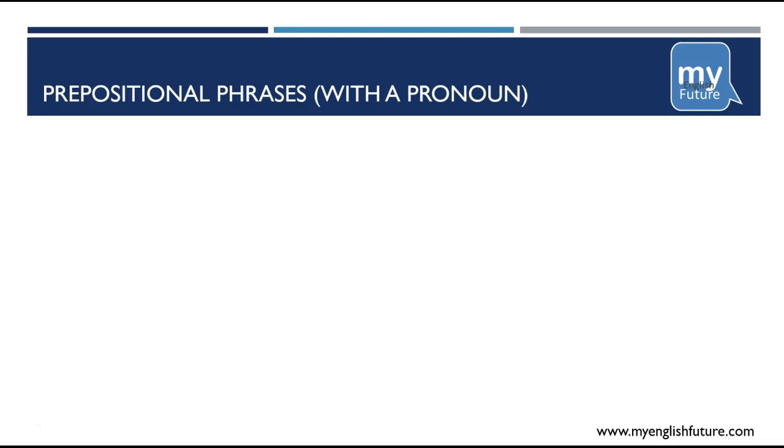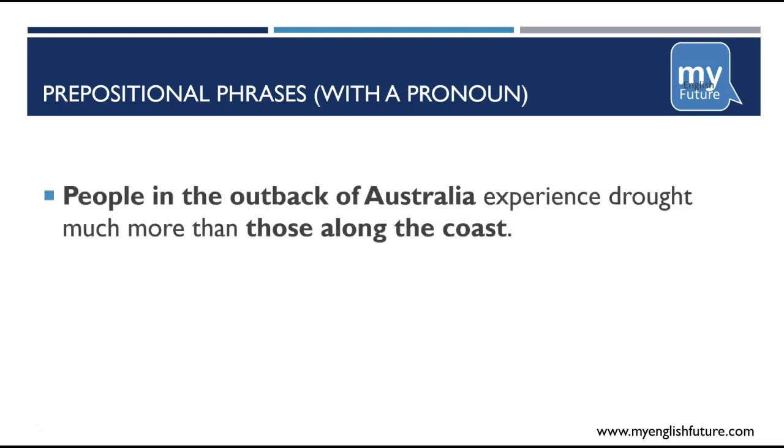Okay, let's move on to prepositions. People in the outback of Australia experience drought much more than those along the coast. When I say this sentence, my focus is on this part, in the outback and along the coast. So you must keep it the same. I see many students make this silly mistake.